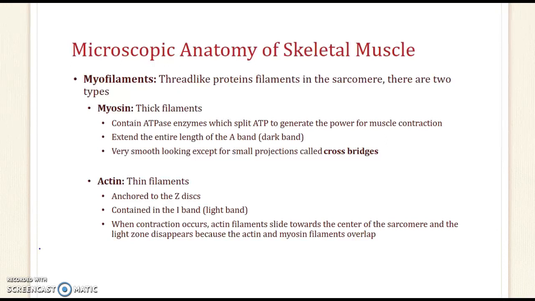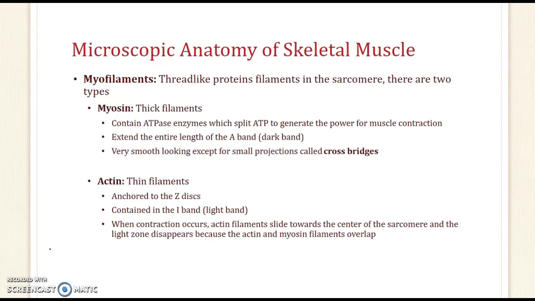They're very smooth, but they have little heads coming out of them that create what we call a cross bridge. The other type of protein is called actin. These are your thin filaments, attached to the Z discs, and they make up the light band on your myofibrils.